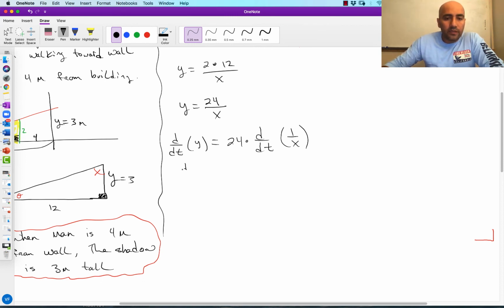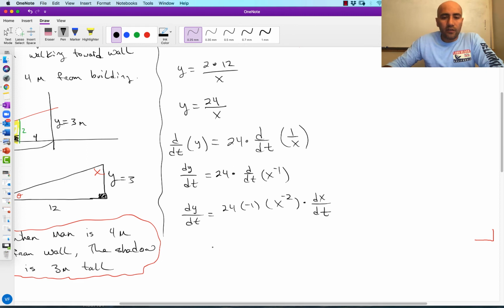This is going to be dy/dt equals 24 times, and this is the same thing as d/dt of x to the negative 1 power, which means that dy/dt is equal to 24 times negative 1 times x to the negative 2 power times dx/dt.